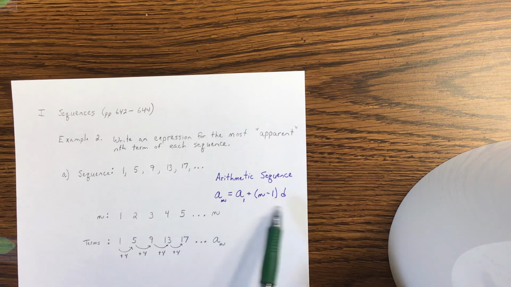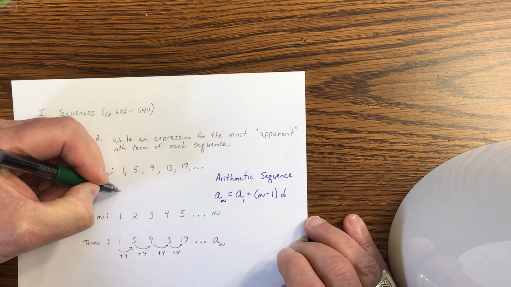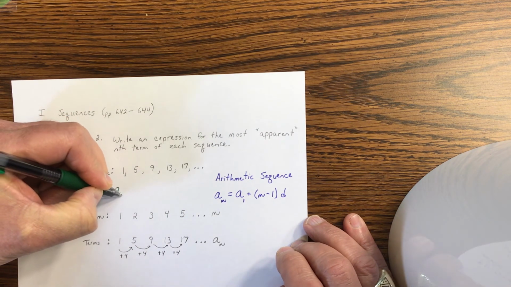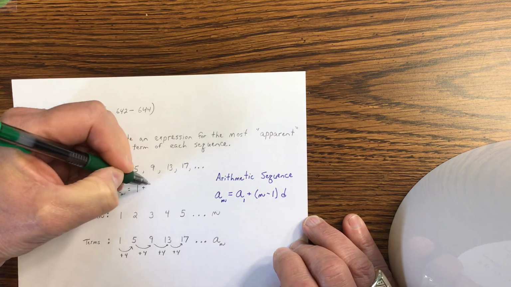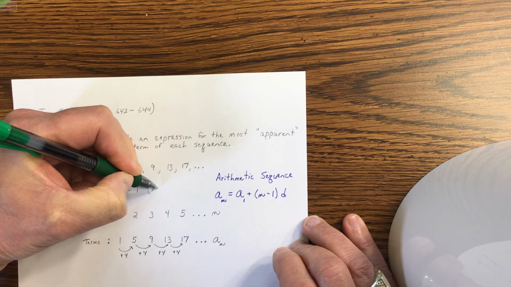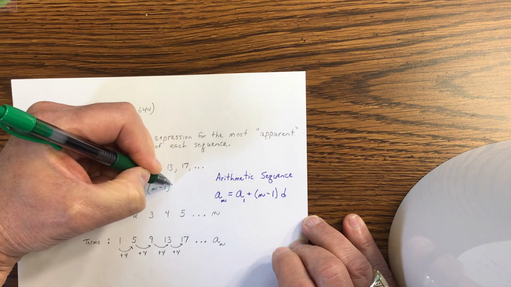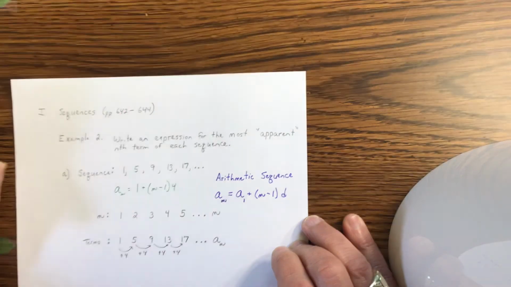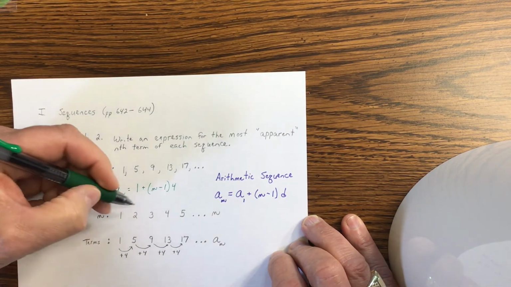So if we plug this information in here, this sequence would be a sub n equals the first term plus n times the common difference of 4. So we can take that part and simplify it.